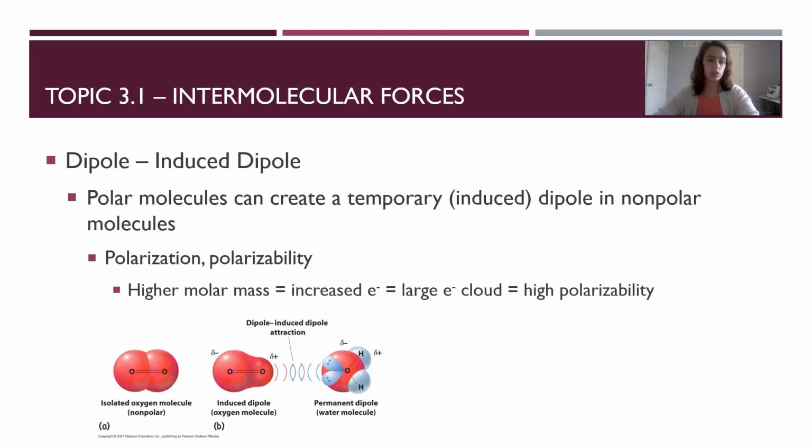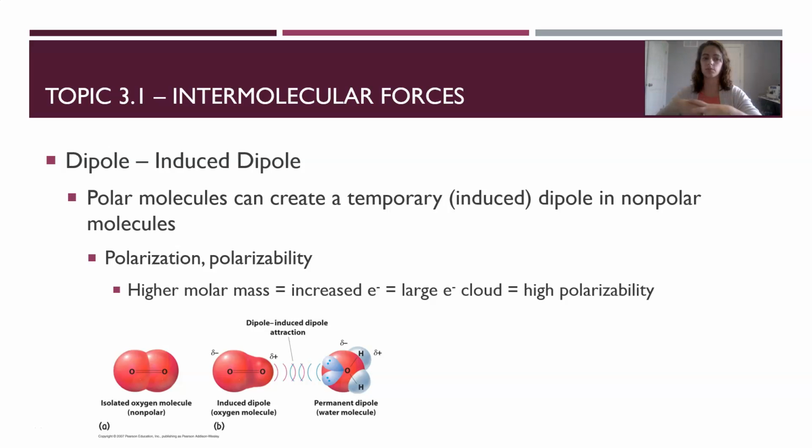When it goes next to a non-polar molecule, it very briefly and just temporarily pushes the electrons away. The negative side of oxygen, which has the higher electron density, is going to push the electrons to the other side of your nonpolar molecule and create a very brief, very temporary partial positive charge. So it only exists while it's next to that polar molecule.